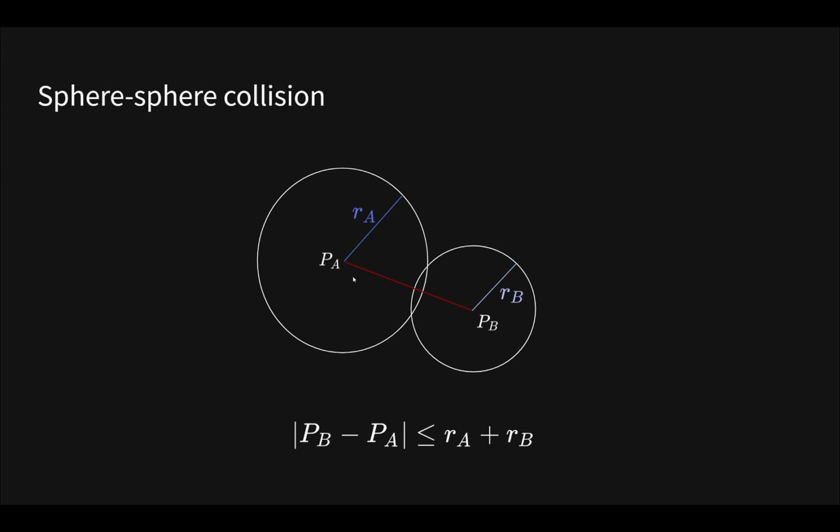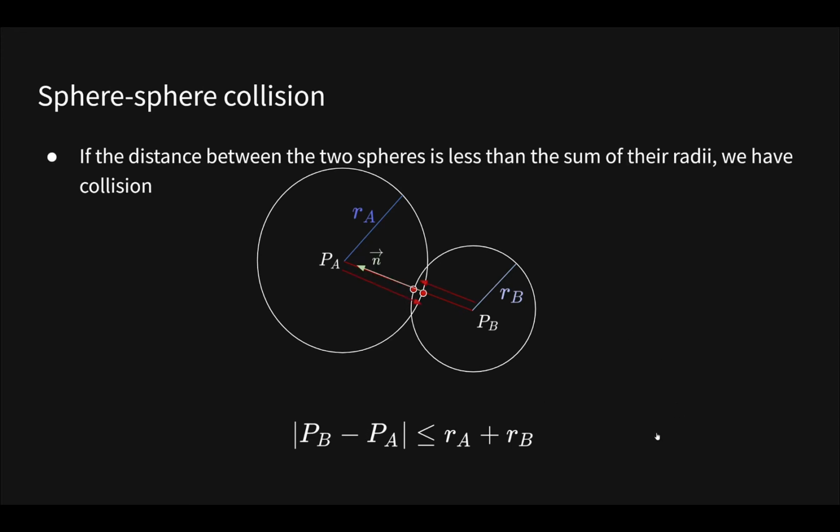The spheres must be colliding if the distance between the centers of the two spheres is less than or equal to the sum of the two radii.